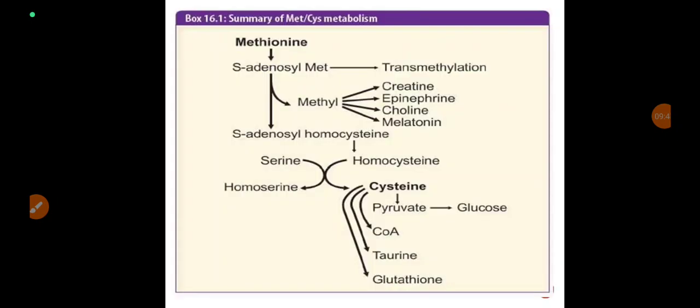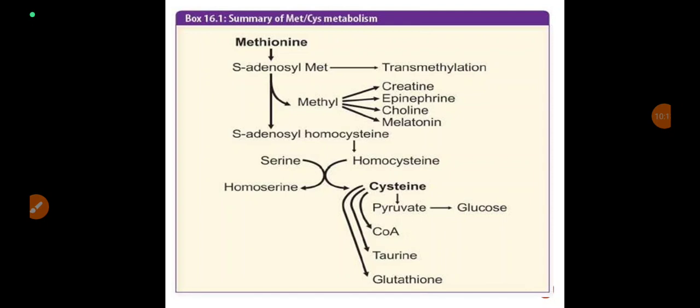So, summary of methionine metabolism. Methionine becomes S-adenosyl methionine in the presence of ATP. This S-adenosyl methionine is a methyl donor. It undergoes transmethylation reaction. So after donating the methyl group, S-adenosyl methionine becomes S-adenosyl homocysteine.